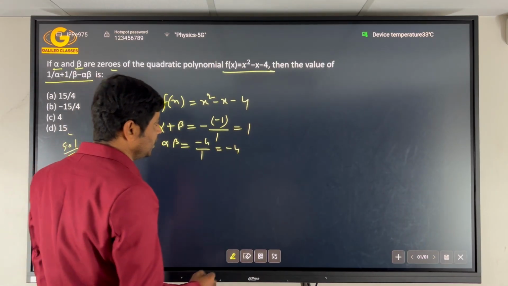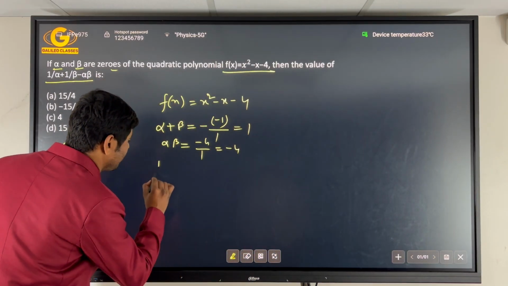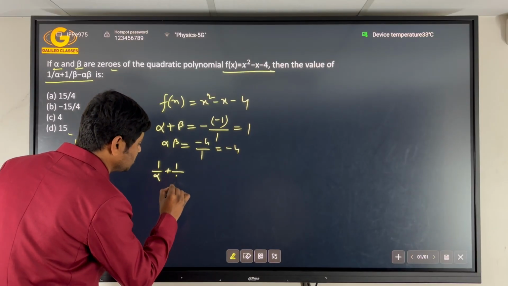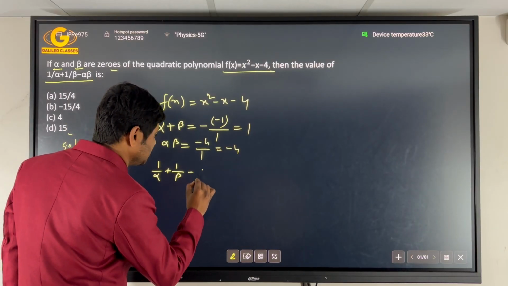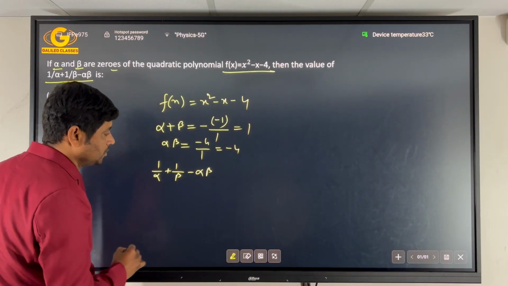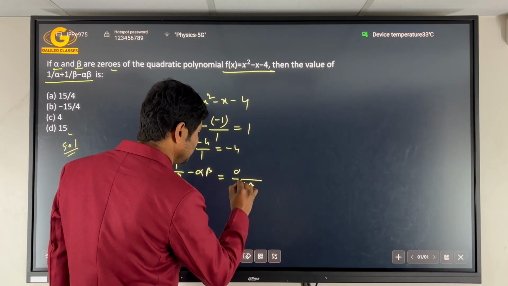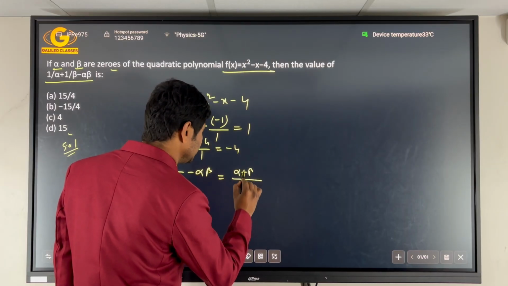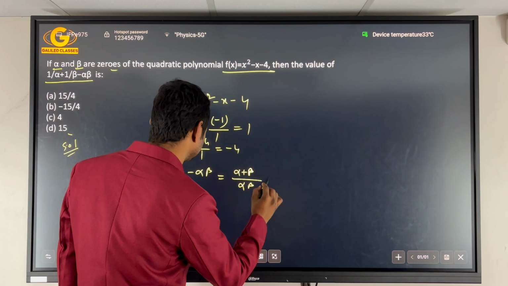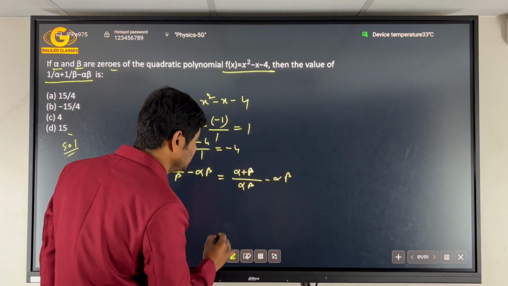So now we have to find the value 1 by alpha plus 1 by beta minus alpha beta. So it will be, taking LCM alpha beta, alpha plus beta by alpha beta minus alpha beta.